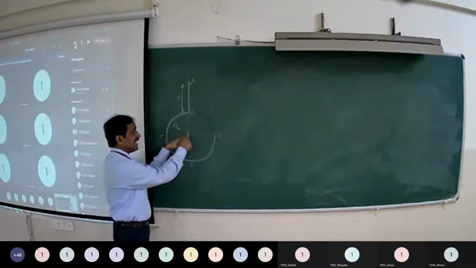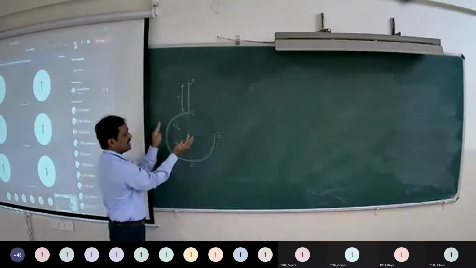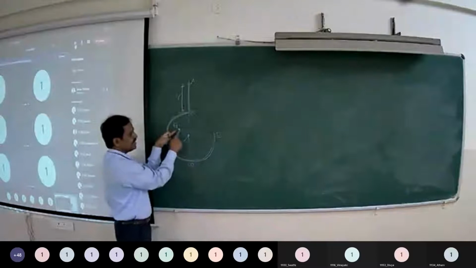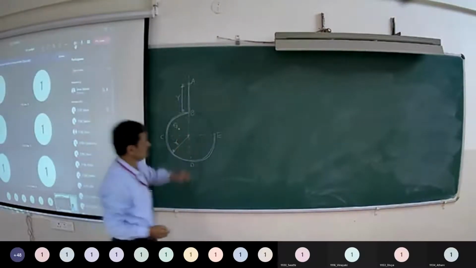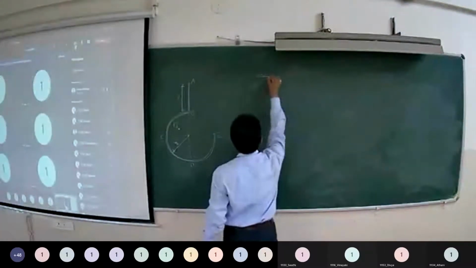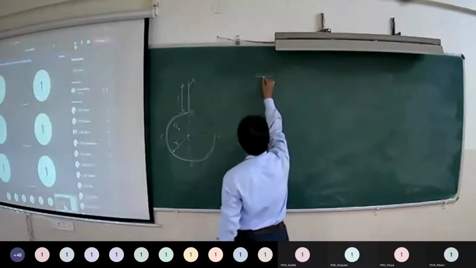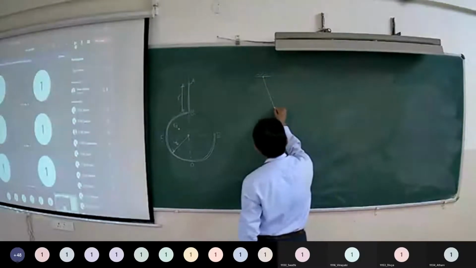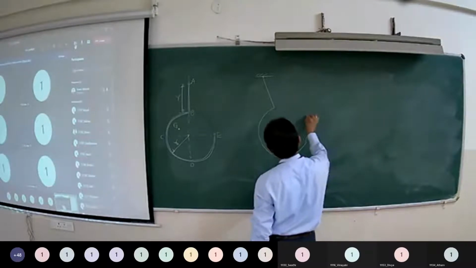Means this G should lie on the vertical line passing through A. That means this entire bend will swing towards right so that this G will come exactly below A. Understood? Suppose when you suspend it from point A, you will find that this will be the position of the bend.